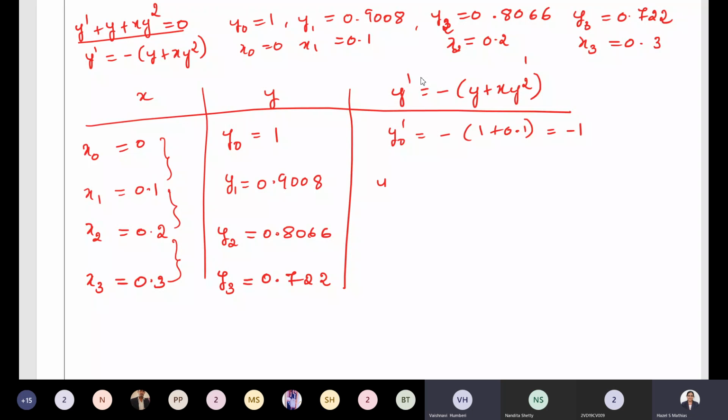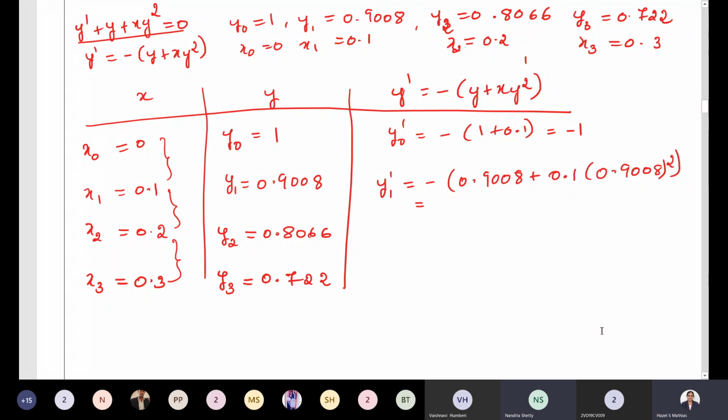Yes, ma'am. Next, find y1 dash. What will be y1 dash? Minus of y1. Y1 value is 0.9008 plus x value, corresponding x value is 0.1 into y square. That will be 0.9008 whole square. So tell me what is the value of y1 dash?